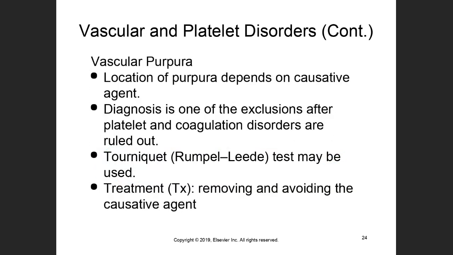Okay, no. ITP is another disease. ITP means idiopathic thrombocytopenia purpura. Okay. Vascular purpura right here. I don't know why they use this name, but they are talking about, yes, it's that one. It's idiopathic thrombocytopenia purpura, ITP.